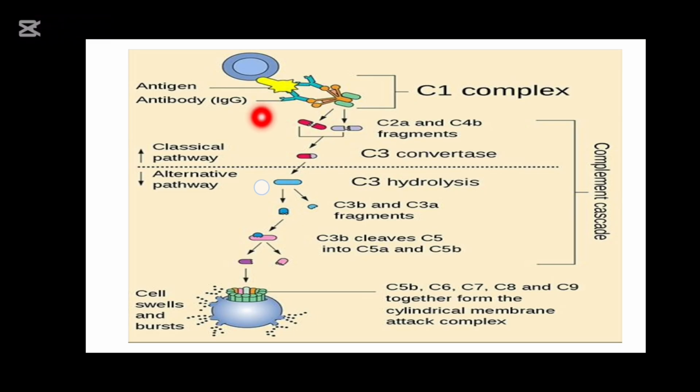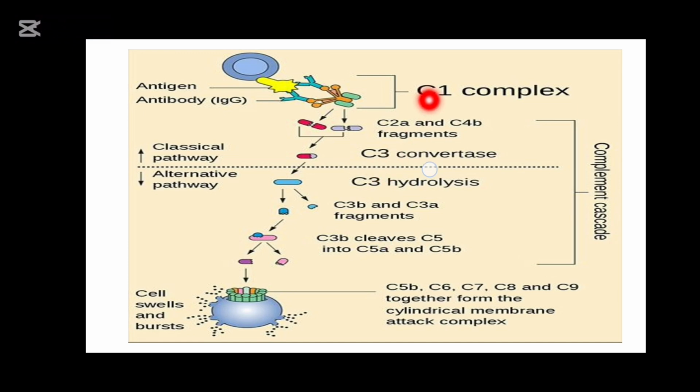Now, guess the pathway. What pathway is this one? Of course, antigen-antibody is the classical pathway. After this has been bound, we said C1 gets to be activated.